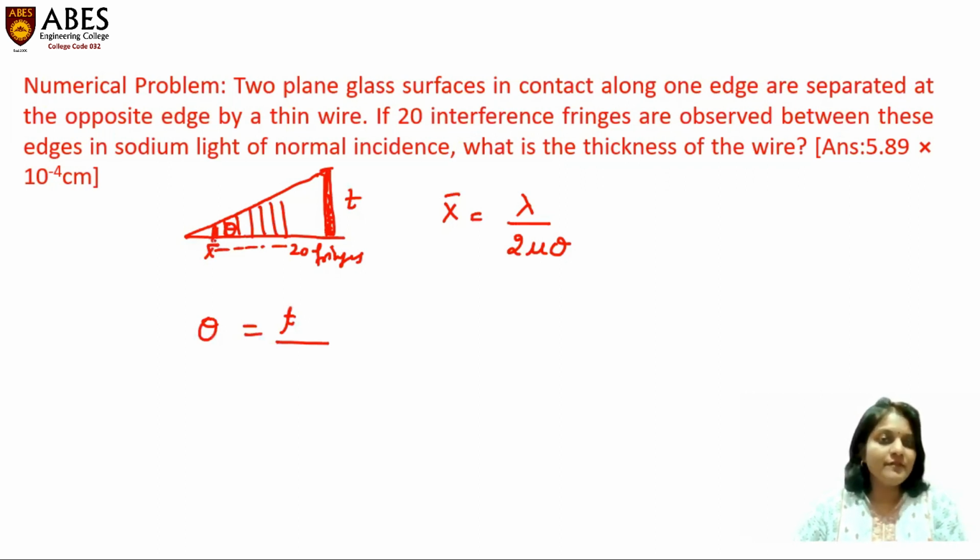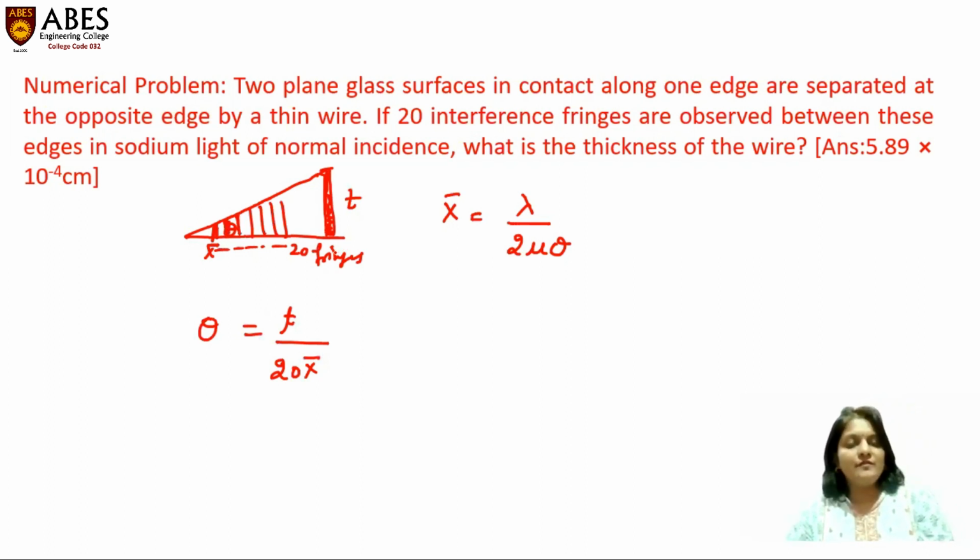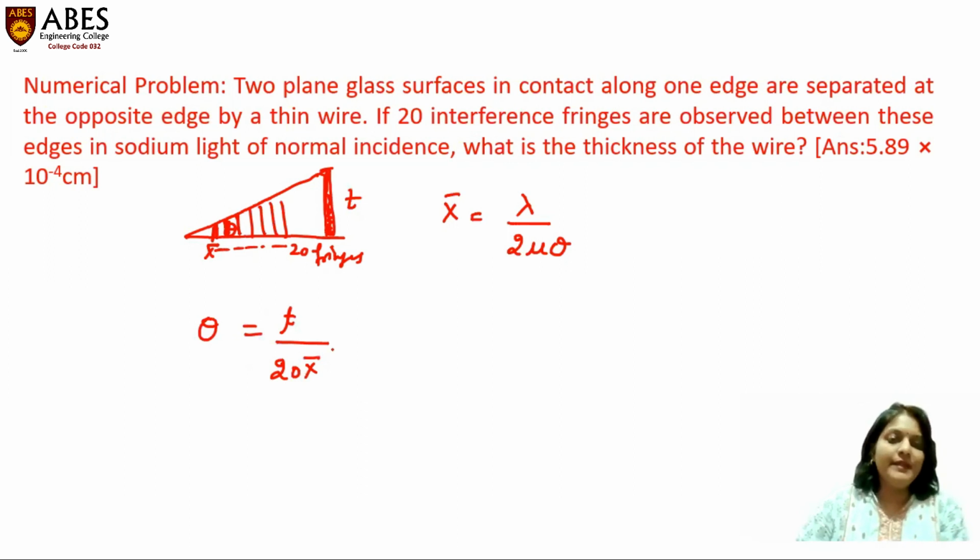There are 20 fringes, so it will be 20 x bar, because this is 1 x bar, this is 2 x bar, 3 x bar, like this there are 20 fringes, and the distance between successive fringes is x bar. So we will write the base as 20 x bar.